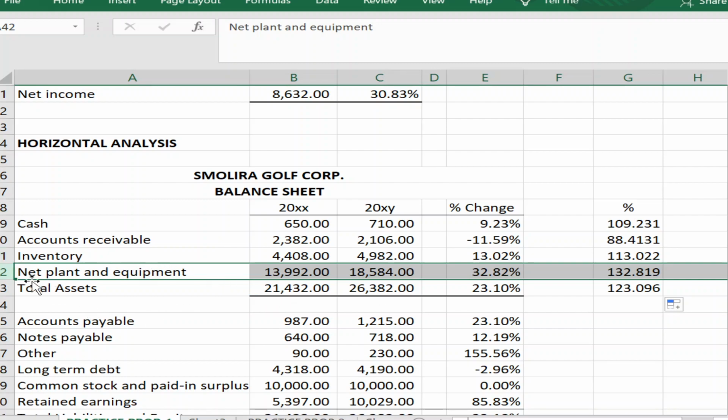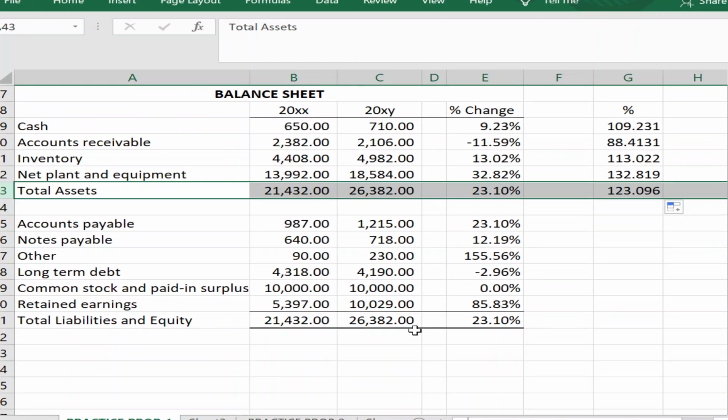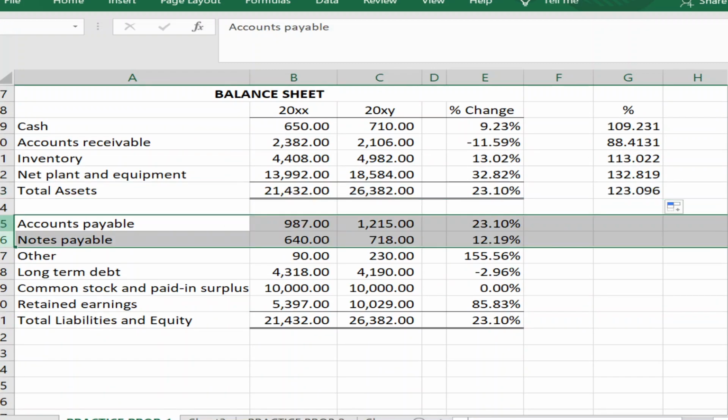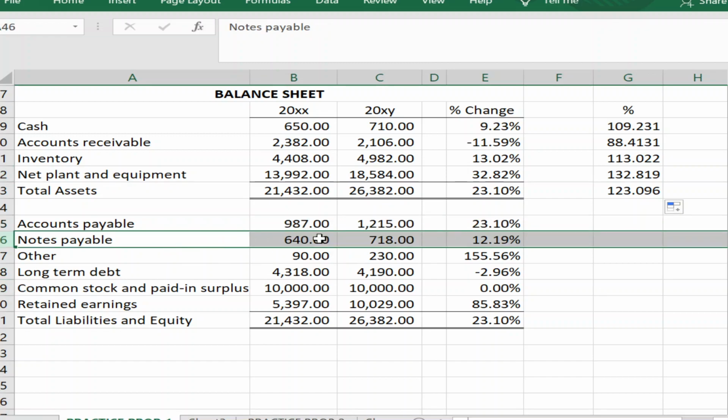In total, the total assets increased by 23.10%. Our accounts payable also increased by 23.10%. This could be coming from the additional purchases such as inventory or the plant and equipment. Our notes payable also increased.